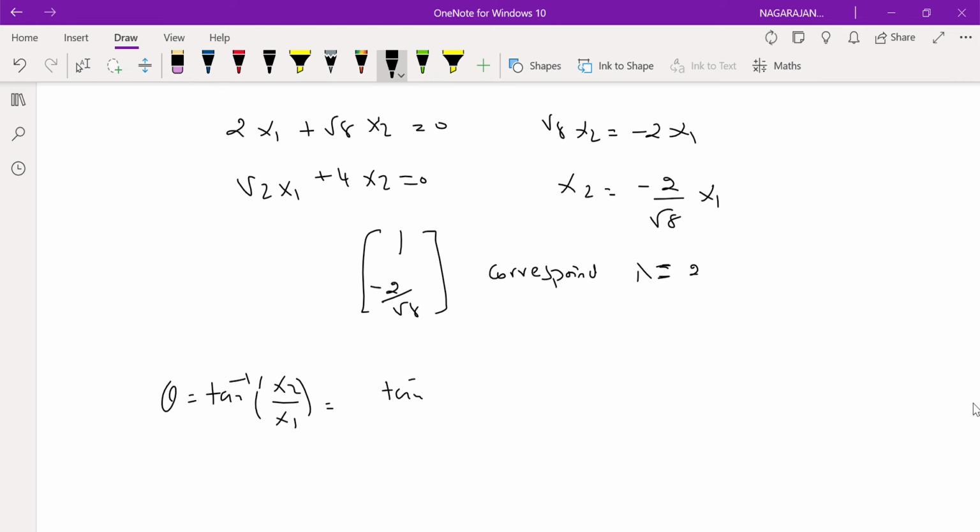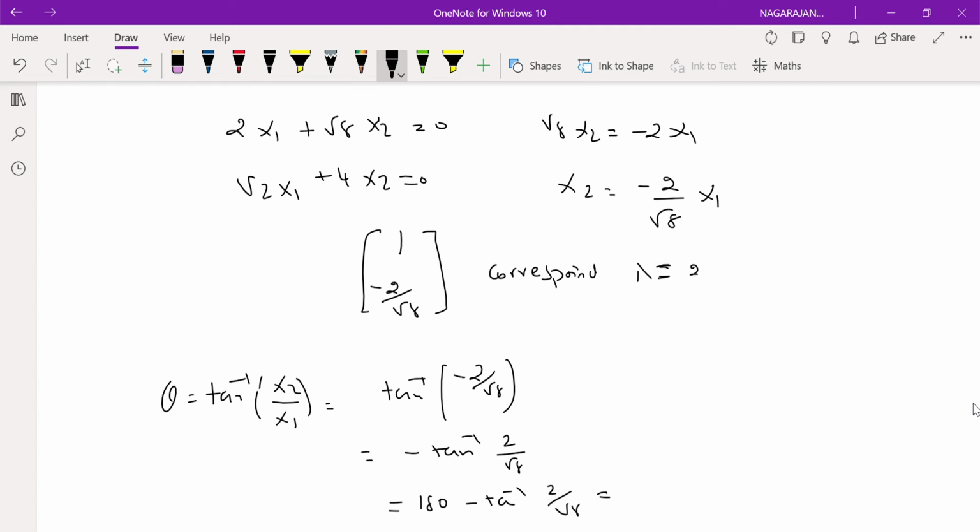So tan inverse of minus 2 by root of 8 by 1, in this case minus tan inverse of 2 by root of 8. This is minus 35 point something, so that is 180 minus tan inverse of 2 by root of 8.